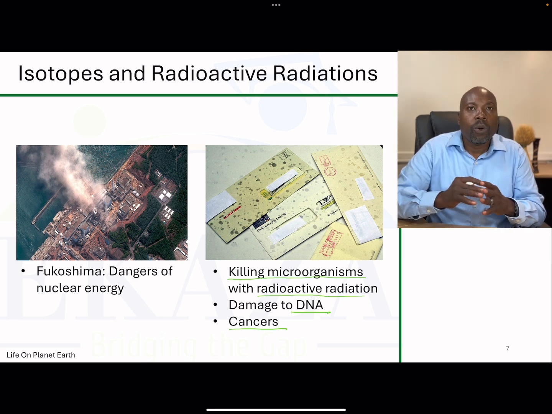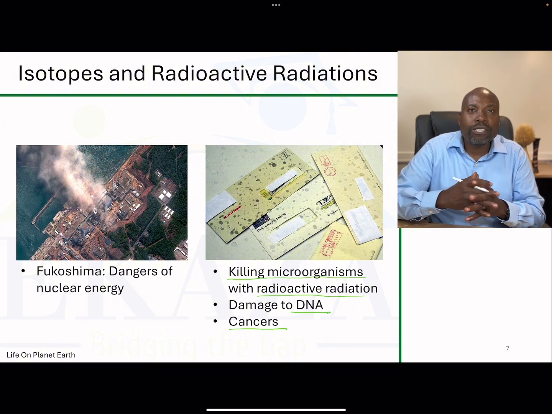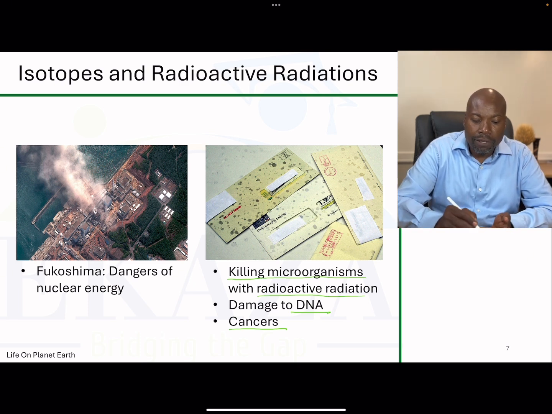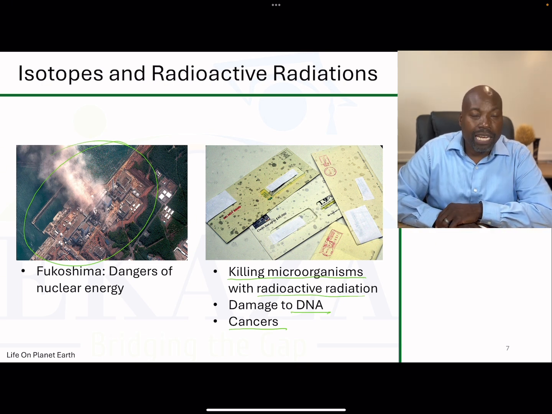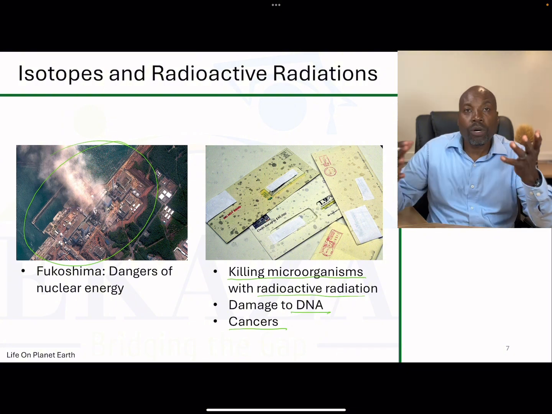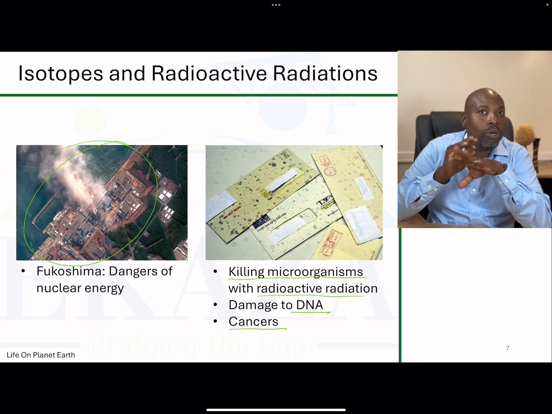However, when there are accidents around nuclear energy, that can be a major issue, right? Here we have the Fukushima facility in Japan that underwent a major accident because of the tsunami that occurred, if my memory is good, in 2011, but don't quote me on that.